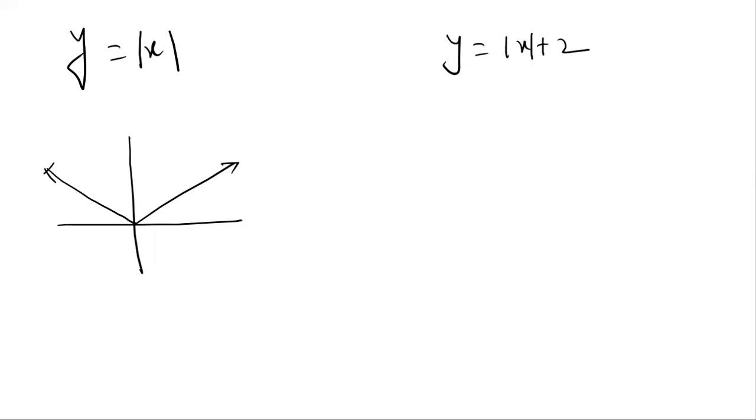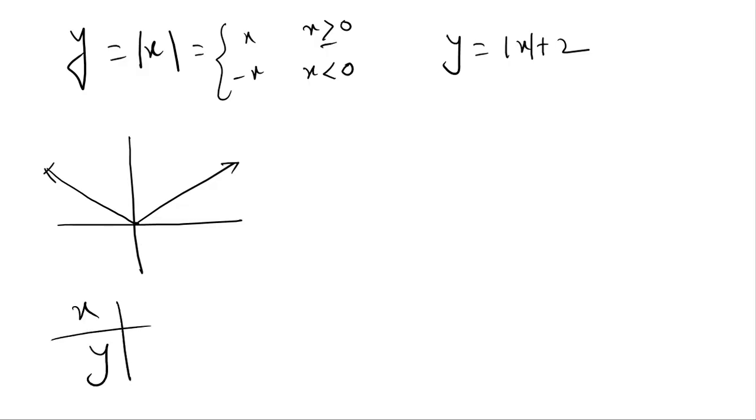For mod x, it is x when x is greater than 0, or minus x when x is less than 0. Now for this basic graph, we check x and y. If you put the value of x as 2, mod of 2 will become 2.